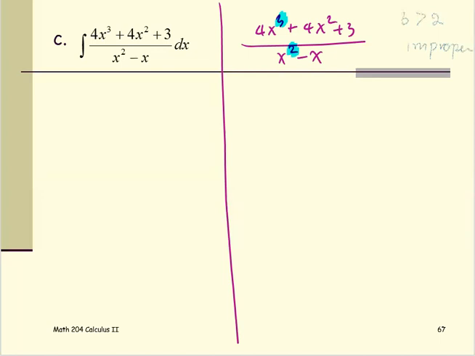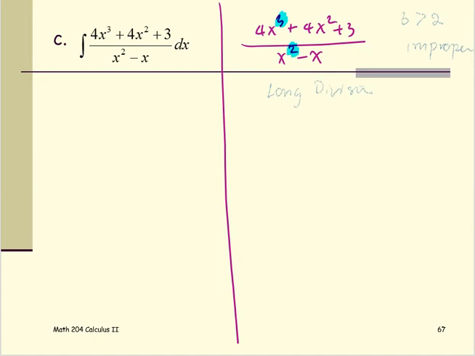When you have an improper fraction, we're going to do the long division technique, or the long division method, to get the whole expression plus the proper fraction. Okay, to do the long division process, if you recall, that's great. If not, I'll do a quick review here.